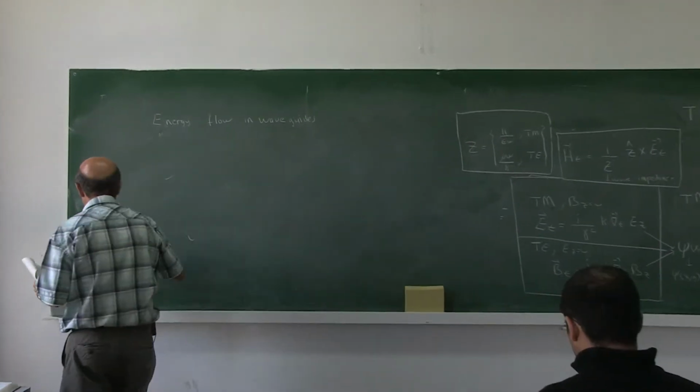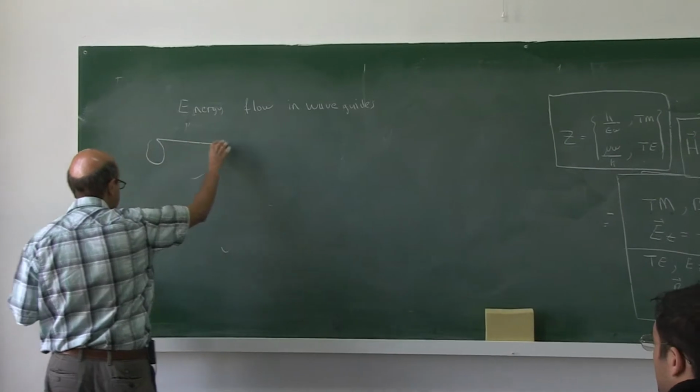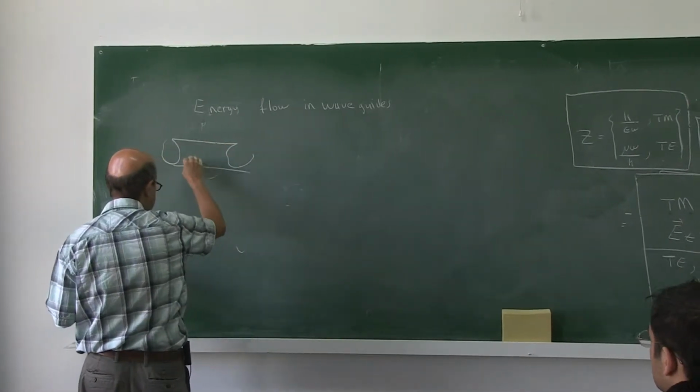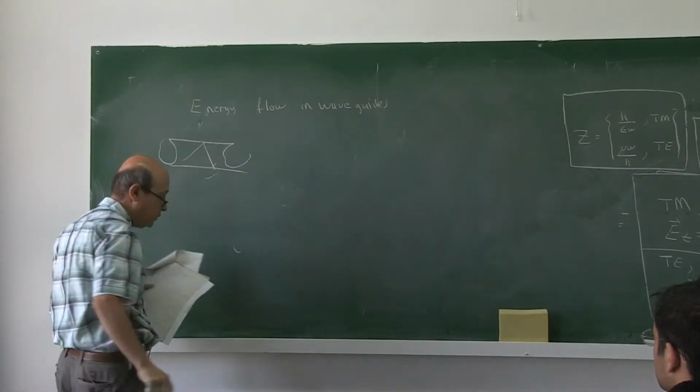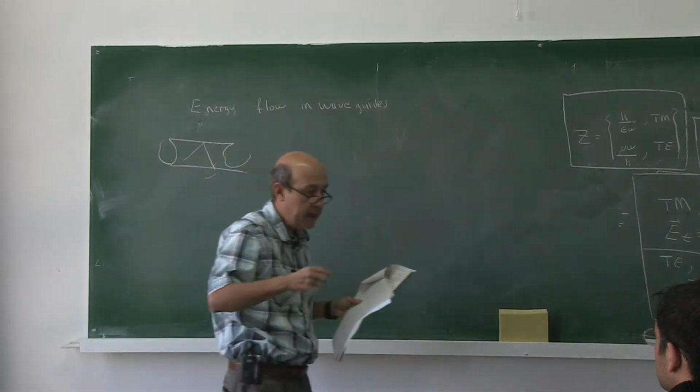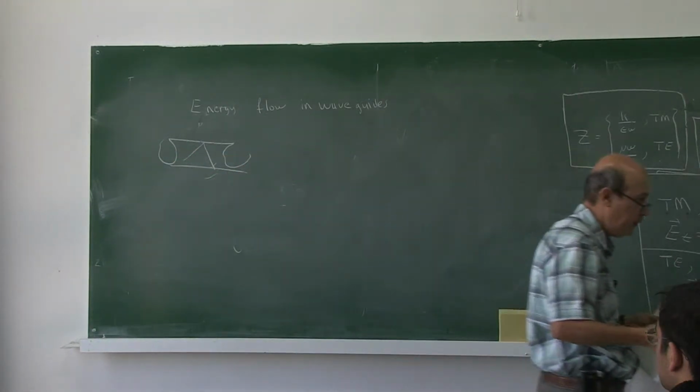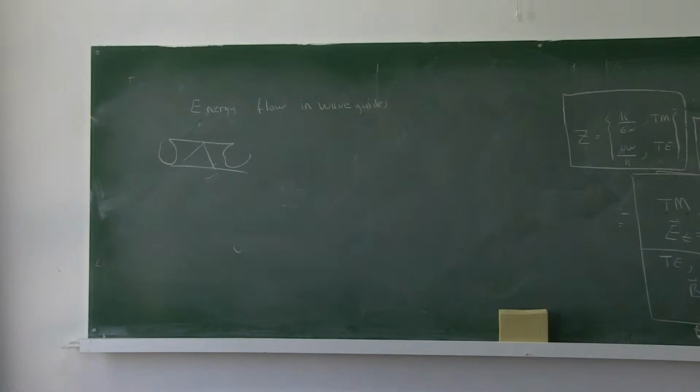The idea is simple. If the waves are transmitted by reflecting off the walls, we have E and H fields, we have the Poynting vector, that is energy per second per area, and if we integrate this over the cross-section area, we will get energy per second, and that is the power.